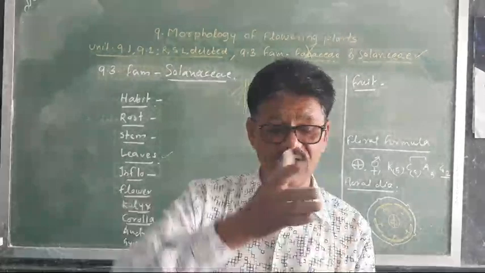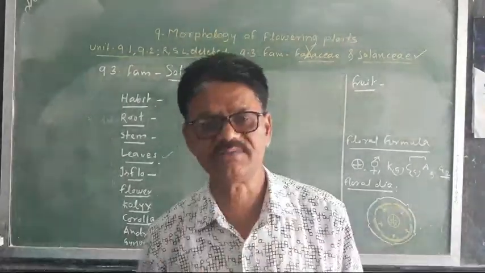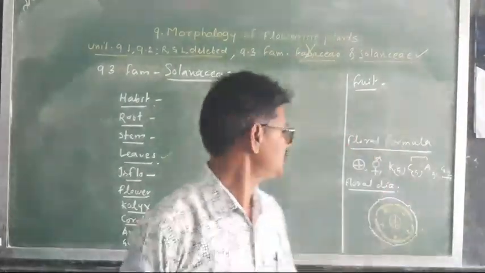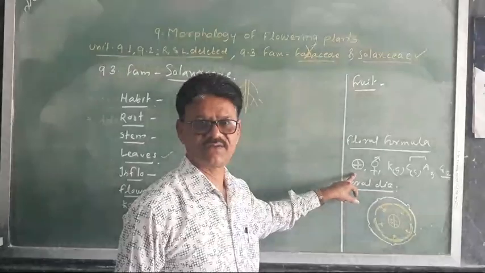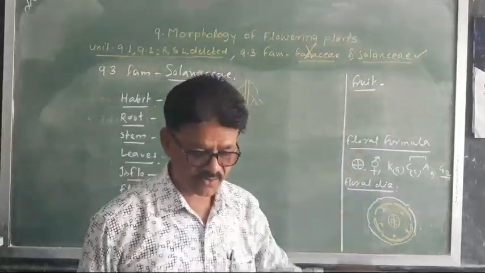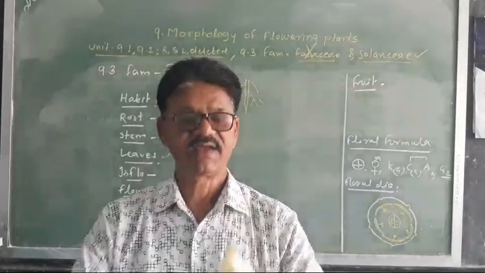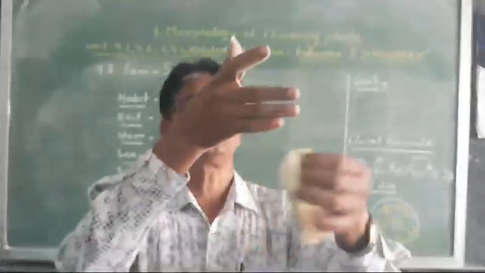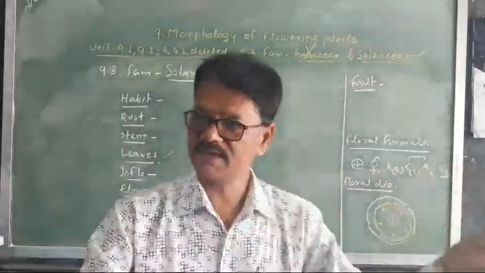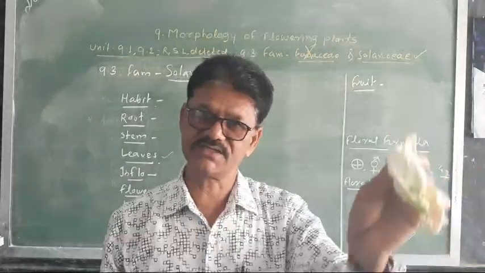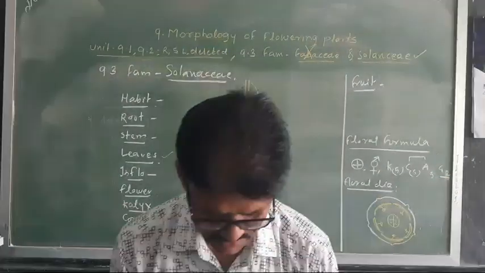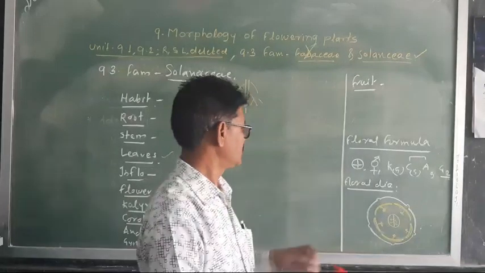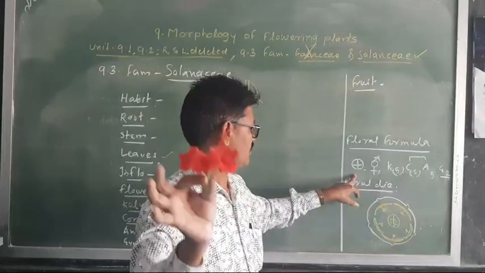But when you can divide a number of times, then it is called an actinomorphic flower. If it divides only in 2 equal parts, it is called bilateral symmetry, but here it is actinomorphic.